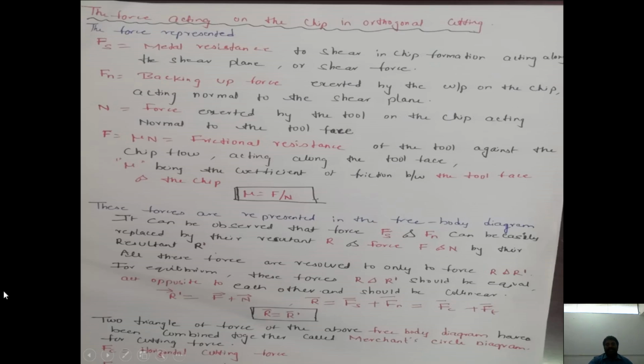Fc is the horizontal cutting force and Ft is the vertical cutting force here. If I say these two triangular force diagrams of the above free body diagram are combined together, it is called the Merchant circle diagram here.